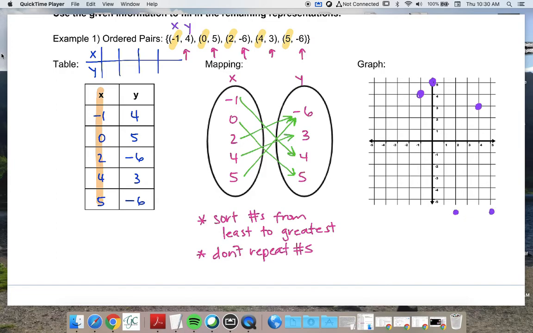That's okay. And then just like we talked about up above, to determine if a graph is a function, we use the vertical line test. And if we ran some vertical lines across our graph, we would see that we're not repeating any x values as we move across.